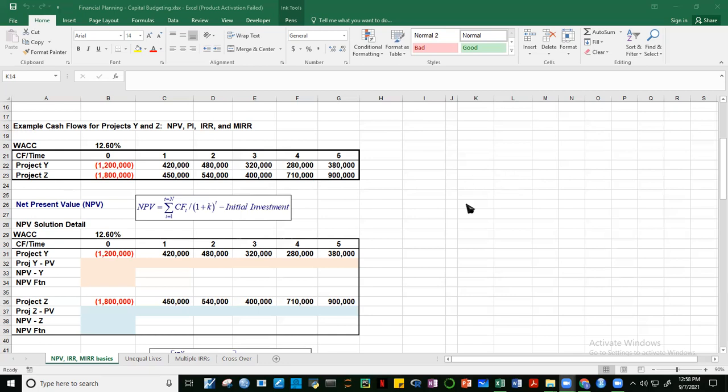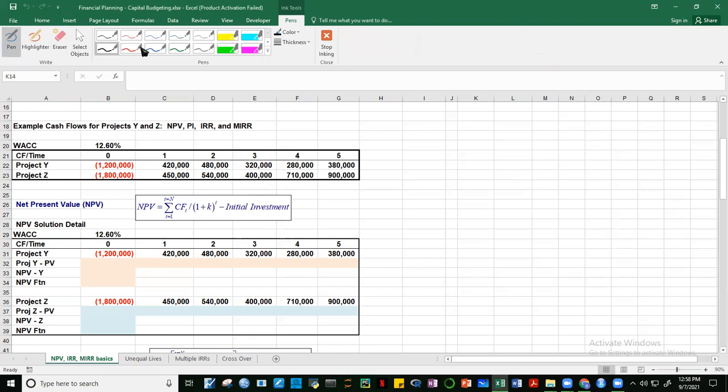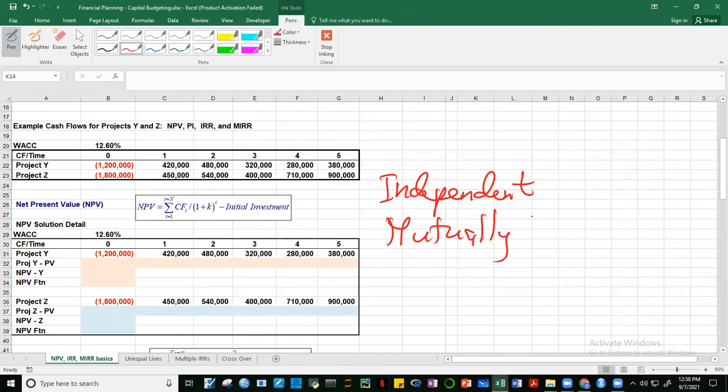Okay, so usually, guys, dalawang klaseng projects pag tinitingnan natin. So let me write that. So projects can be independent, or they can be mutually exclusive. So what's the difference between mutually exclusive projects and independent projects?